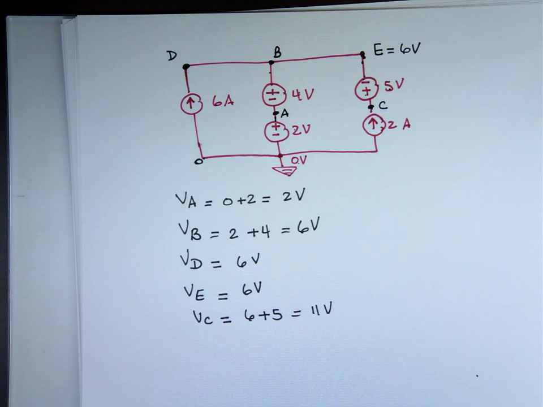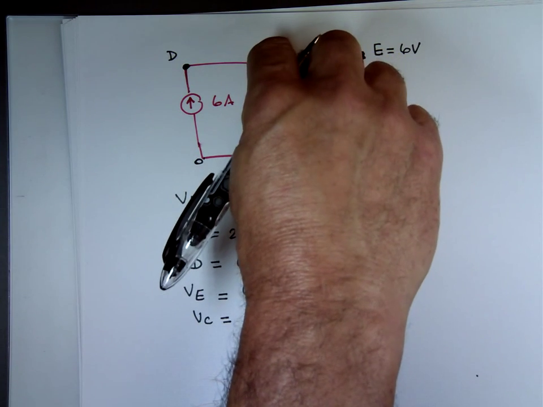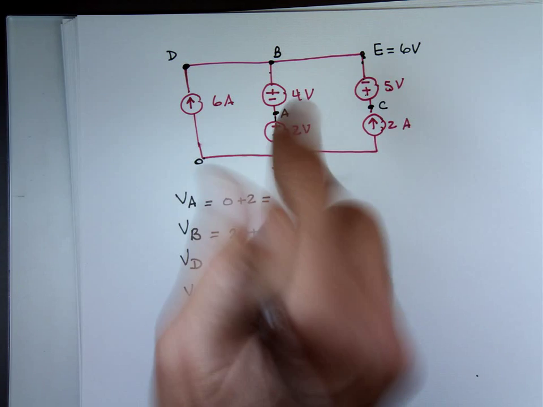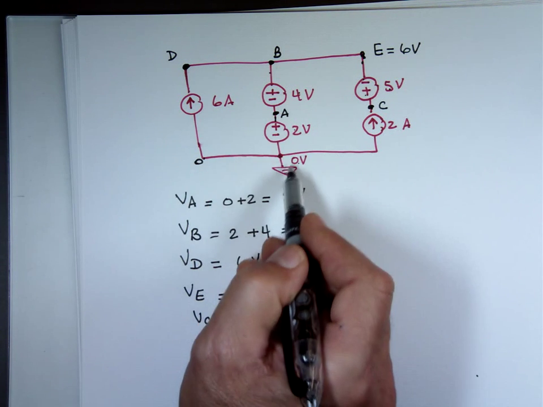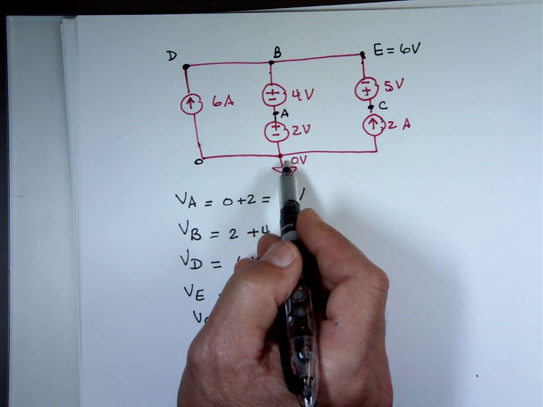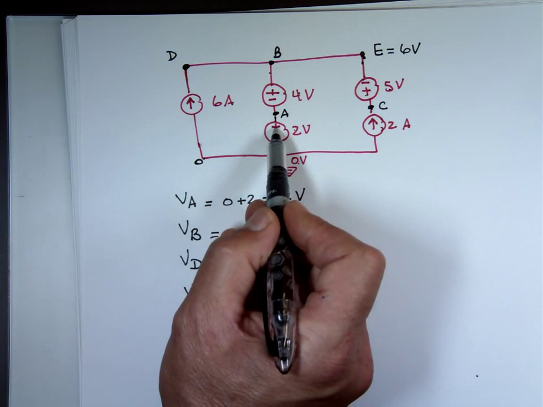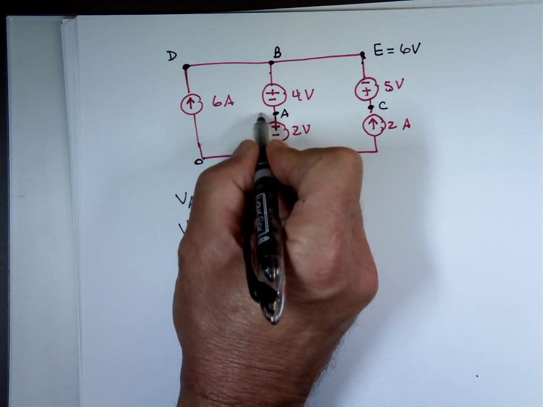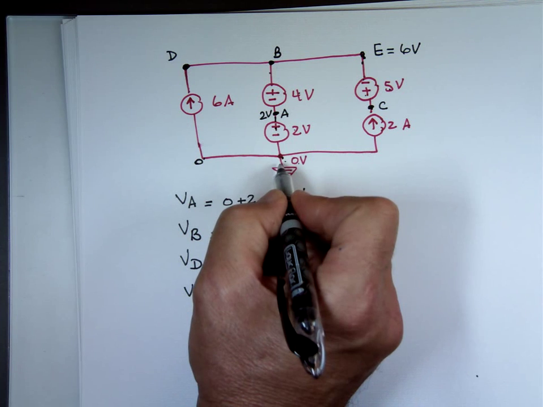How do you get 6 volts again? This whole thing is in parallel with this. No, for B, voltage B. Well, this is 2 here, right? 2, because that's 2 more than this. Wouldn't it be 0 though? This is 0 here. Yeah, it's 0. This one is going to be plus minus. That's 2 volts higher than this one. So 2 higher than 0, which is 2.